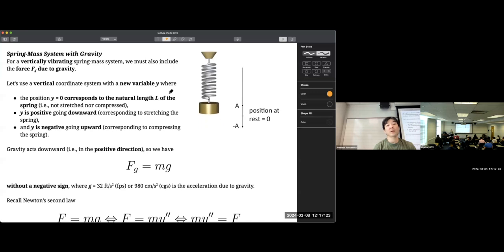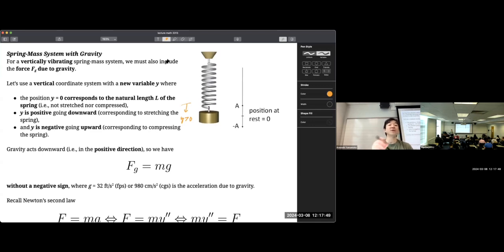So we're going to define a new variable because it's a vertical system now. We'll use y, and we'll use the same convention we had before where stretching is positive. That means if you were to go down, it will actually be positive. Let's say y equals 0 corresponds to the natural length of the spring, the same as before.